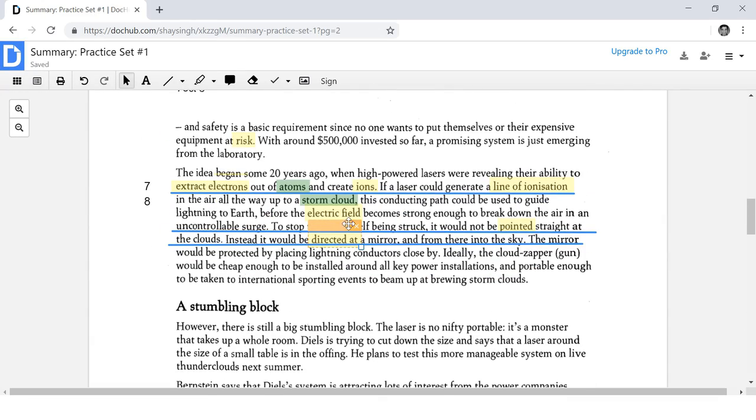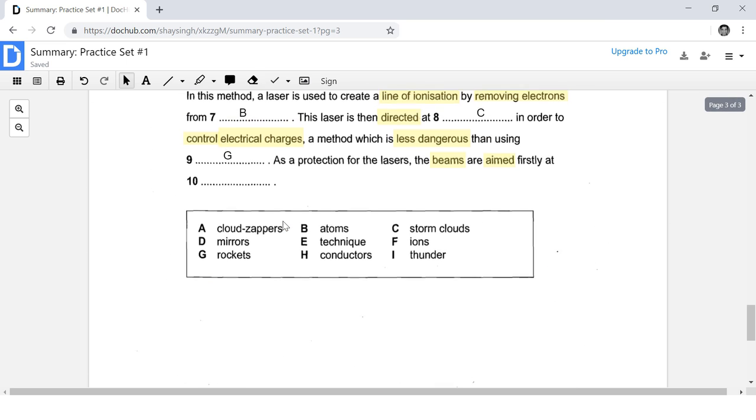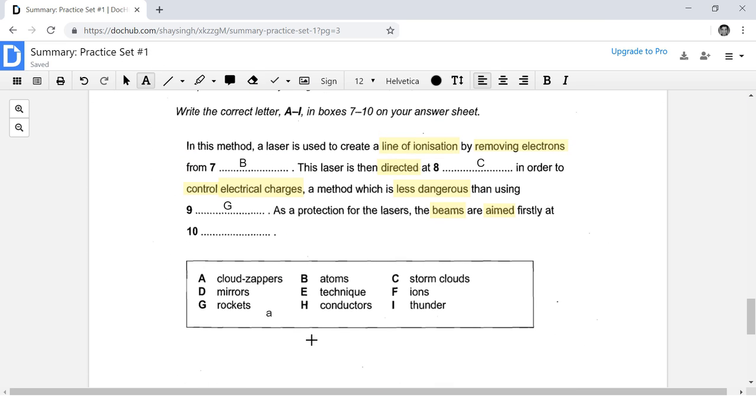First, it would be aimed at a mirror, and then from there, it would be aimed into the sky. So the correct answer is going to be mirror. The answer to question number 10 is going to be D, mirrors.